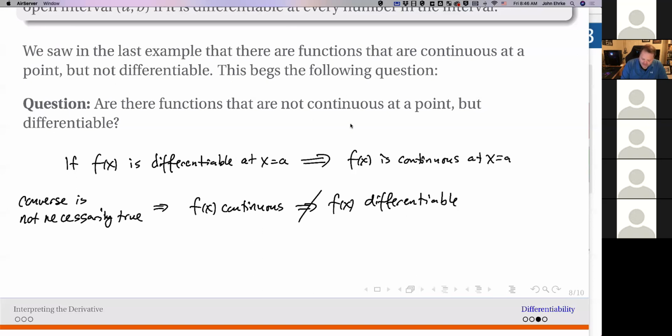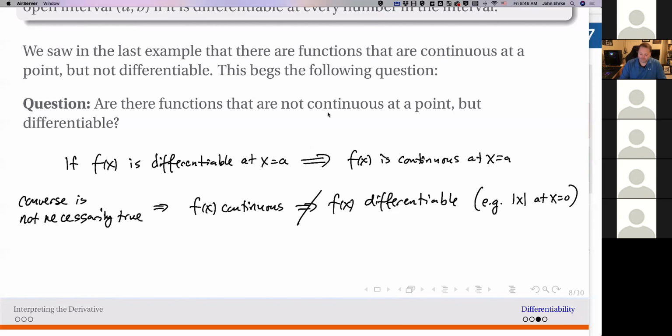We know that that's not the case. The example we just gave was the absolute value function at x equal to 0. It is an example of a continuous function that's not differentiable. So just because you're continuous doesn't mean you're automatically differentiable. But if you're differentiable, you're automatically continuous.